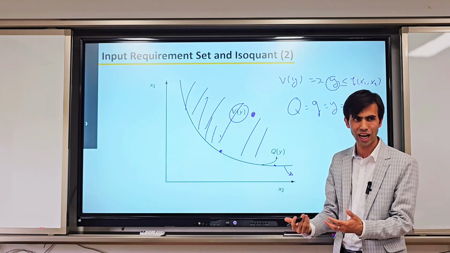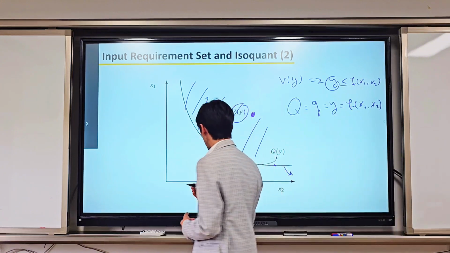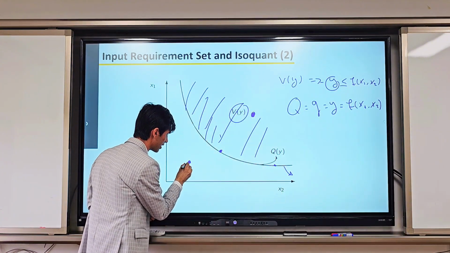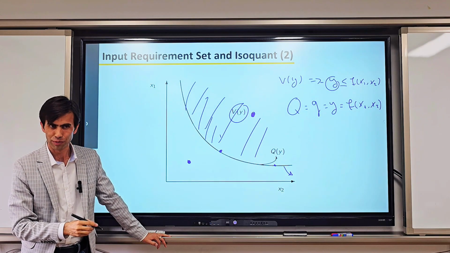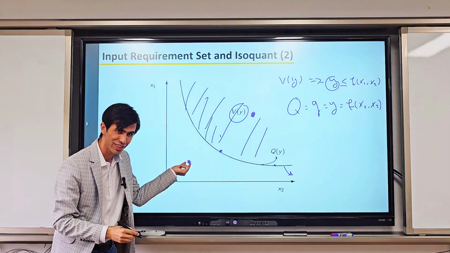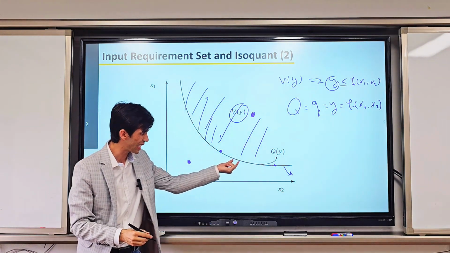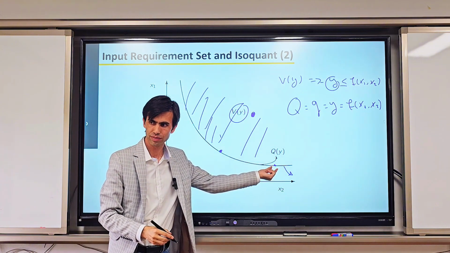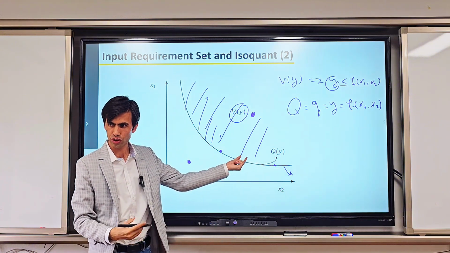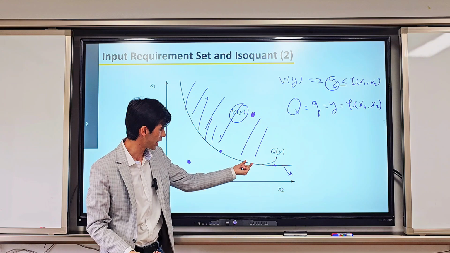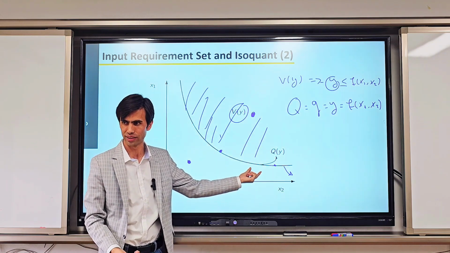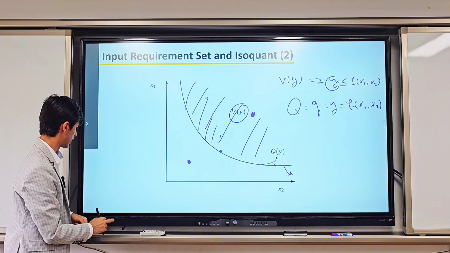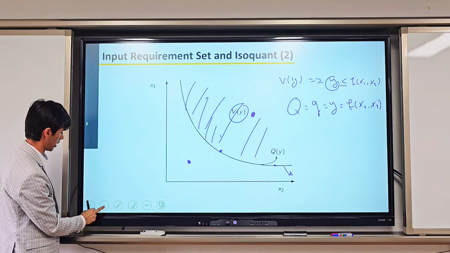So it depends on how efficiently we work. But this part is not in your input requirement set. Because even if you try to use this combination of input, you're not getting this output. So the input that you require for producing this output should be greater than or equal to that one, not less than. So that's the input requirement set and also the isoquant.